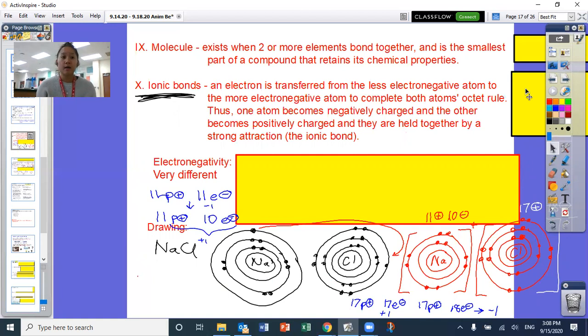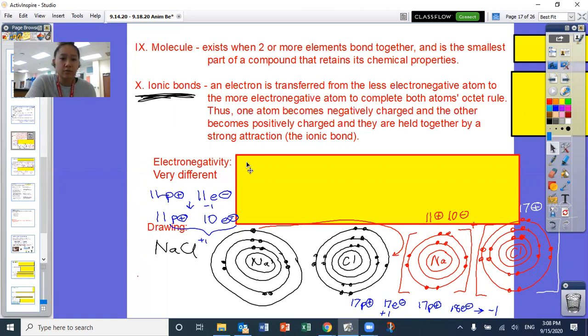And then if you have 7 electrons in your outer shell, and you have 7 protons, and you gain an electron, so you gain an extra negative, then it's -8 and +7. So there's a negative charge if you're gaining the electron, okay? So one atom will become negatively charged and the other becomes positively charged. And now because they're oppositely charged, they are attracted to each other, and that is the ionic bond.